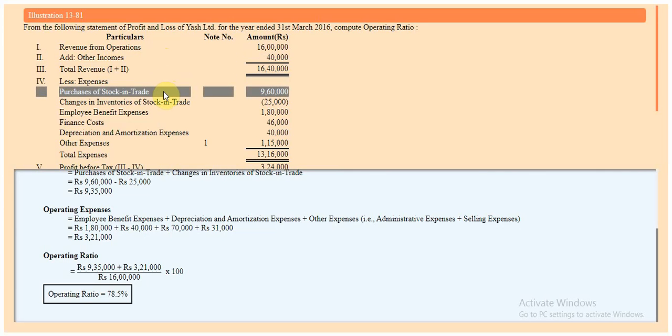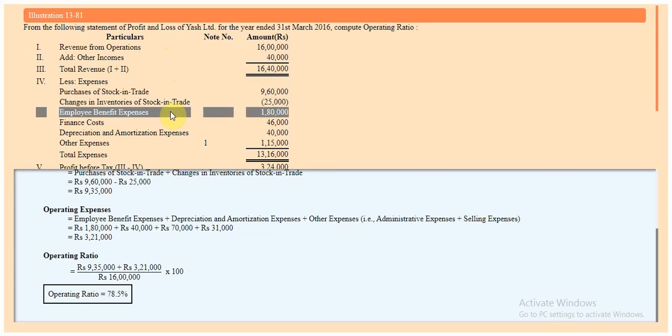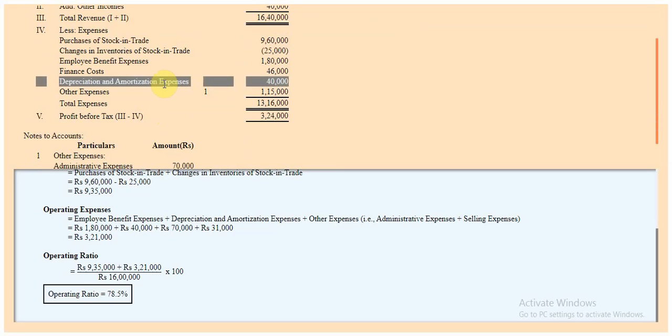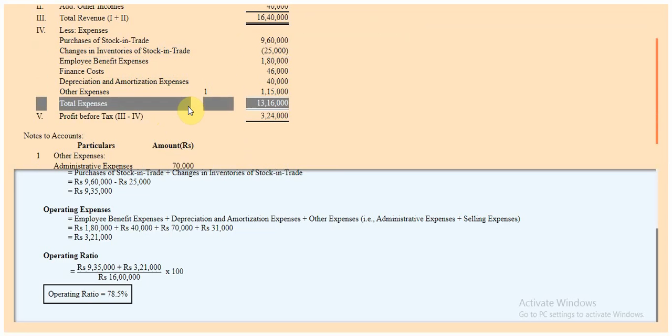They have expenses like purchases of stock in trade, then changes in inventory of stock in trade, then employee benefit expenses, finance costs, depreciation and amortization expenses, other expenses. So adding all of this, they have received the total expenses.